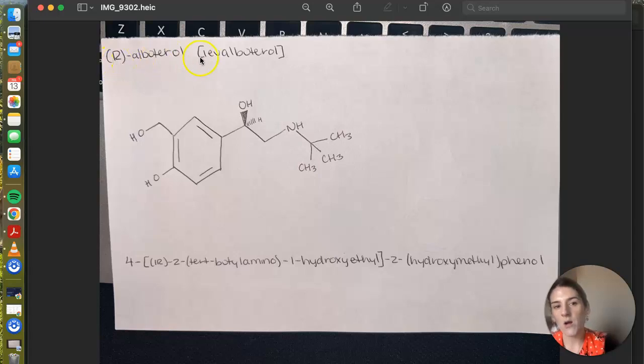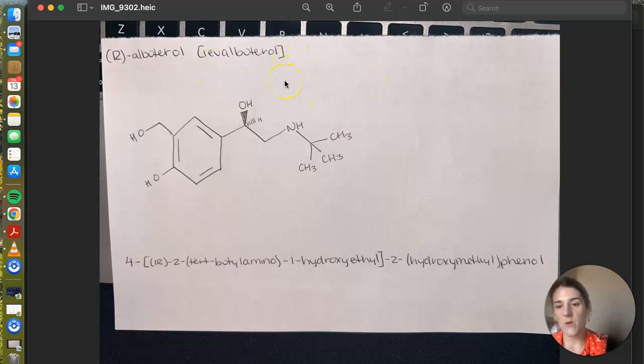But our R-albuterol is actually our more bronchodilatory enantiomer, and it causes less of the tachycardia that the S-albuterol does. So if a patient has a high heart rate or they have lots of ectopy, we will actually just give one of the enantiomers without the racemic mixture. We'll just give the levoalbuterol.